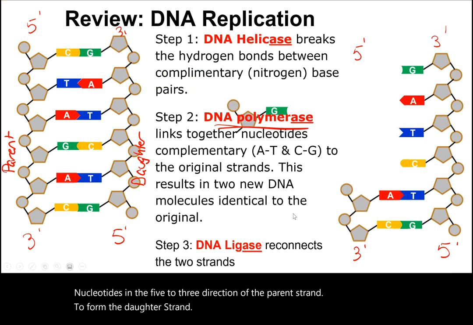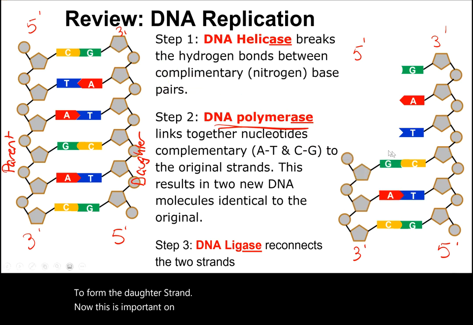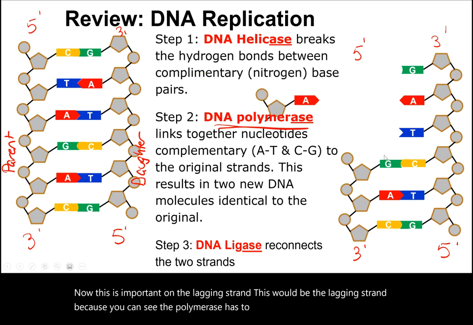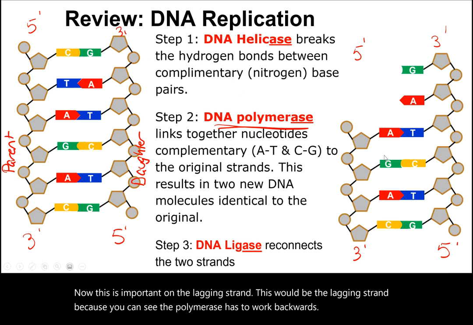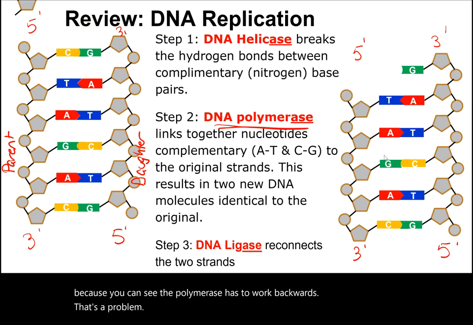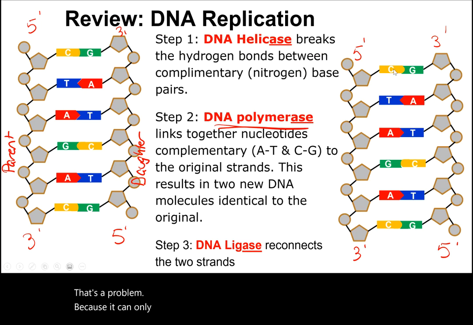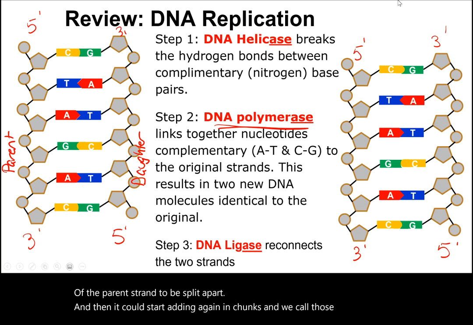Now, this is important on the lagging strand. This would be the lagging strand because you can see the polymerase has to work backwards. Now, that's a problem because it can only work in chunks, and then it has to wait for more of the parent strand to be split apart, and then it can start adding again in chunks, and we call those chunks Okazaki fragments.